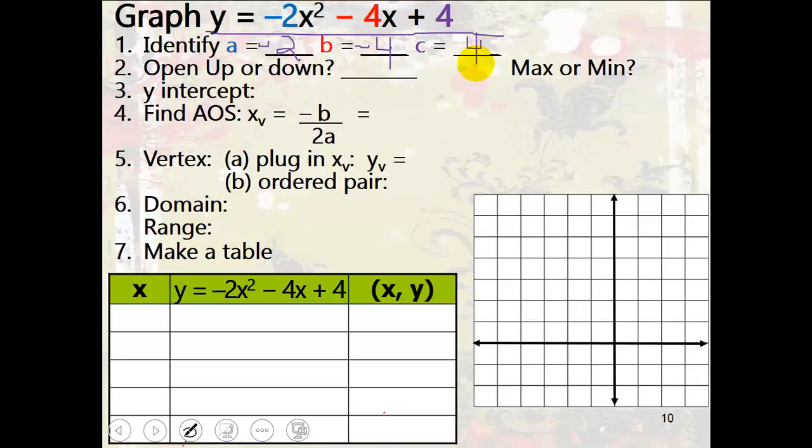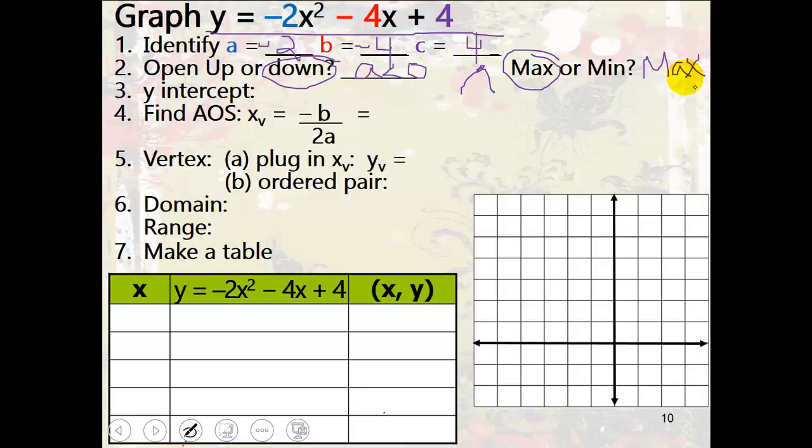All right, here we go. This is going to open down because A is less than 0. And if it opens down, that means my vertex is going to be a maximum.